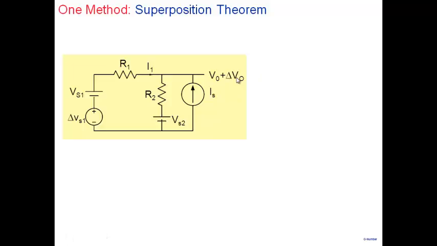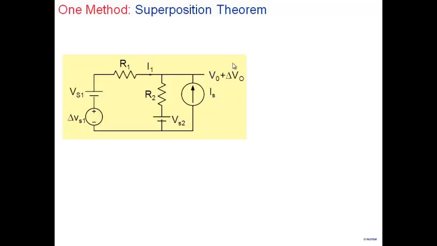Superposition tells you that now that I have two sources, the final value, V0 plus delta V0, is obtained by first calculating V0 due to Vs1, Vs2, Is and all those sources, and then calculating delta V0 due to only this particular source. So you can consider sources one at a time and calculate the output voltage here. Superposition works because it's a linear circuit. It's very important that it's a linear circuit.